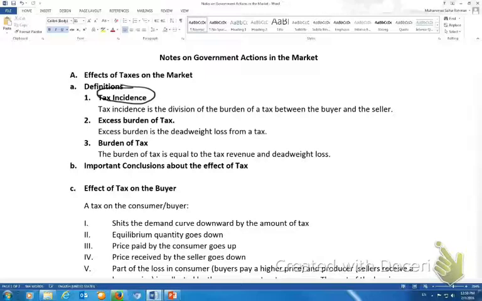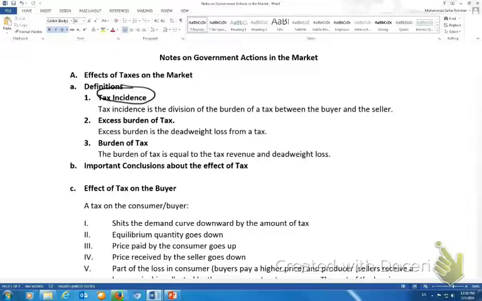You have to understand that whenever there is a tax imposed, either on the consumer or on the producer, part of the tax revenue that either the consumer or the producer pays goes into the pocket of the government, and we should never think about that kind of tax as a loss from the economics perspective, because government most of the time collects those taxes and uses them for various kinds of benefit to the economy.